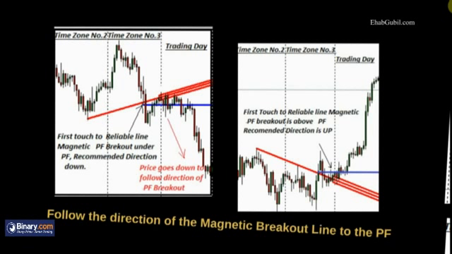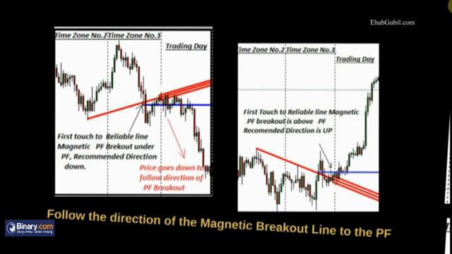Since it's a magnetic tool that attracts the price back to it, we will take the direction of its position relative to the PF as the direction the price will be attracted to. This means when the magnetic PF breakout position is under the PF, we will take the direction of the price as down to this breakout, and vice versa. When it's above the PF, we will consider it as up to this breakout.